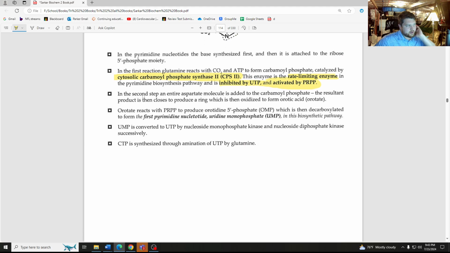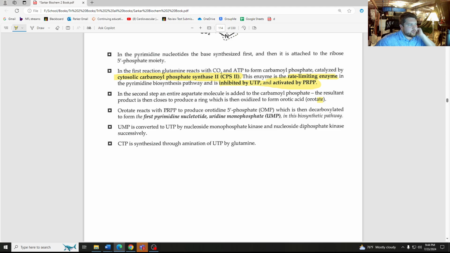In the second step, an entire aspartate molecule is added to the carbamoyl phosphate. The resultant product then closes to produce a ring, which is then oxidized to form orotic acid, also known as orotate. Anytime you see "ate" at the end of something like that, you can know it's also an acid, like glutamate, glutamic acid, stuff like that.